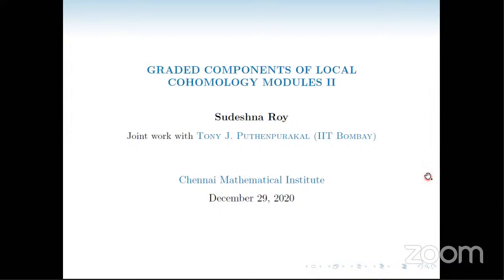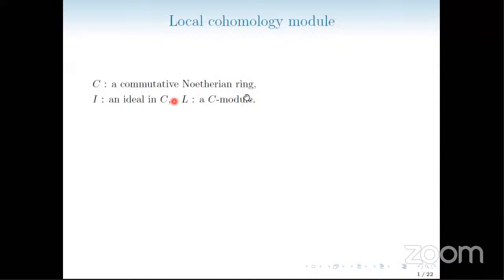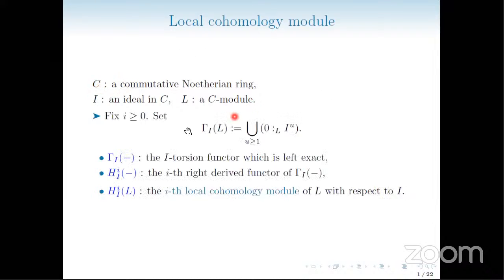So let's start with some basic definitions of local cohomology modules. So let C be a commutative Noetherian ring and I an ideal in C. L is a finitely generated C module. So throughout this talk, I will be assuming C to be a commutative Noetherian ring.